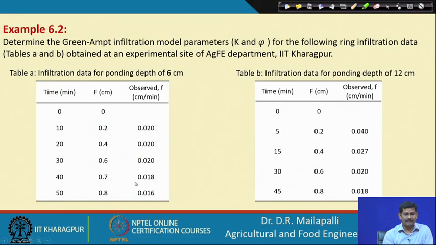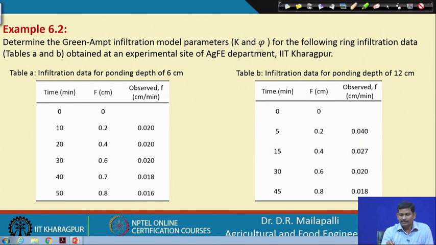Next, you can also use the infiltration data to find the Green-Ampt parameters, like K and the wetting front suction head. These two parameters are difficult to find out. But if you have infiltration data, you can still find the Green-Ampt parameters, K and psi, where psi is the wetting front suction head.